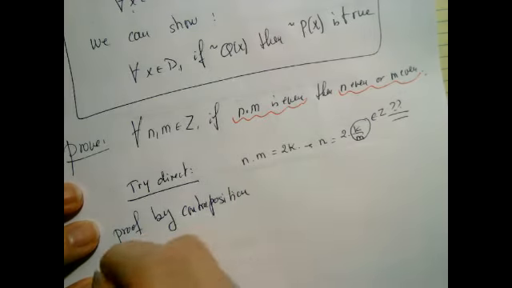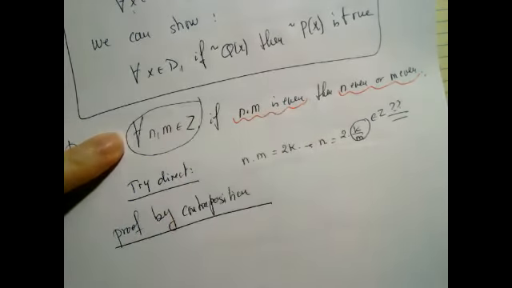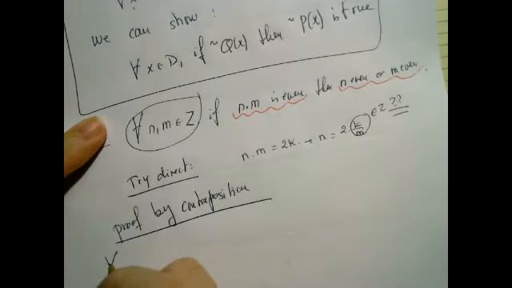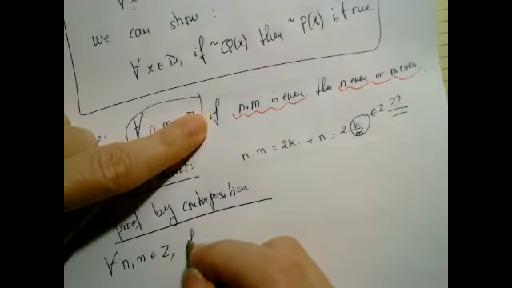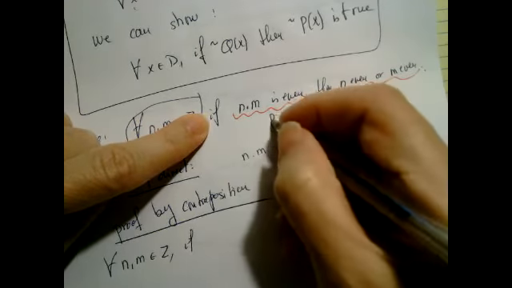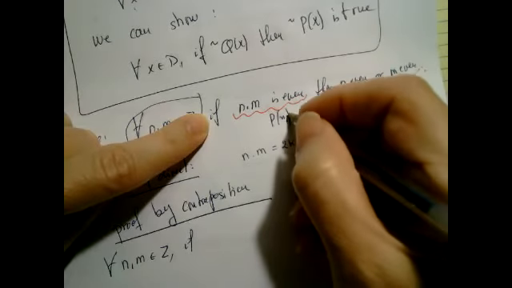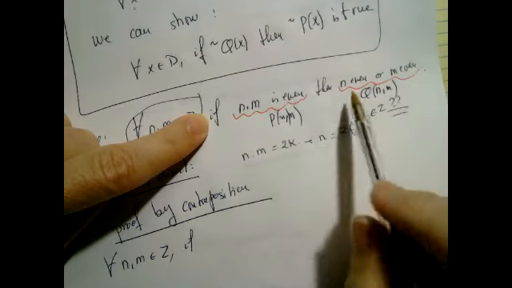Proposition. It means we have to prove. This is the domain. We never touch the domain. The domain has nothing to do with the contrapositive. We want to show that if non-Q, so that's my P and that's my Q. My P depends on 2 variables and this one depends on 2 variables.